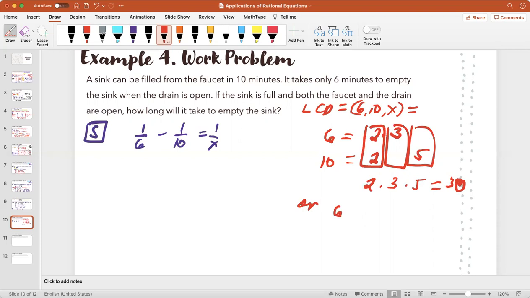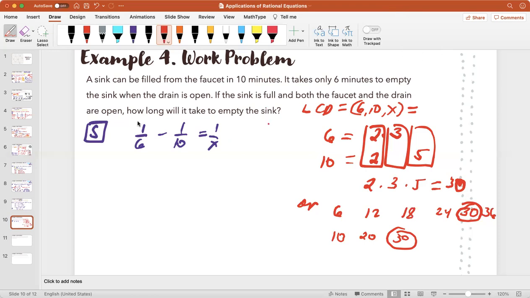For 6: 6, 12, 18, 24, 30. For 10: 10, 20, 30. You have 30 as the LCD. No matter what method you use, you'll get the same answer.